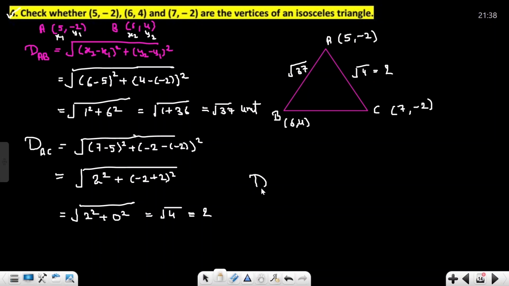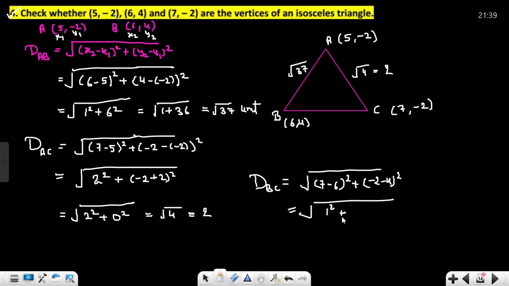Now we find the distance of the BC side. So C minus B, 7 minus 6, x2 minus x1 plus y2, which is minus 2 minus 4, square. 7 minus 6, what we get? 1 square plus minus 2 minus 4 is minus 6 square. 1 square is 1, 6 square is 36, 1 plus 36 is 37, root 37.